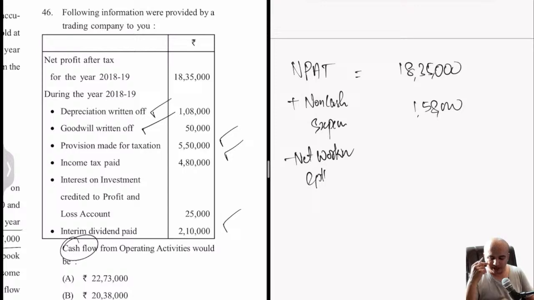By the way, what about the interest on investment credited to the P&L account? Should we worry about that? Interest on investment will not come again, because it would have been credited already, and that is something we already received.